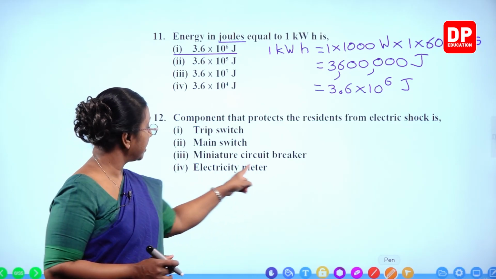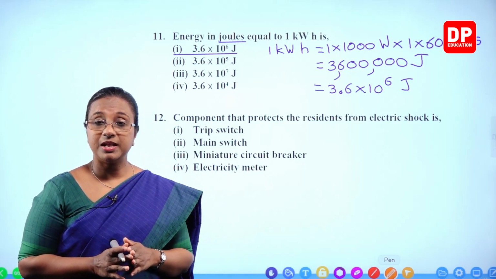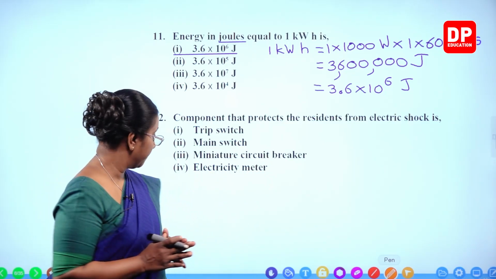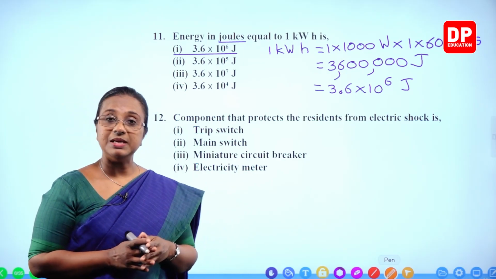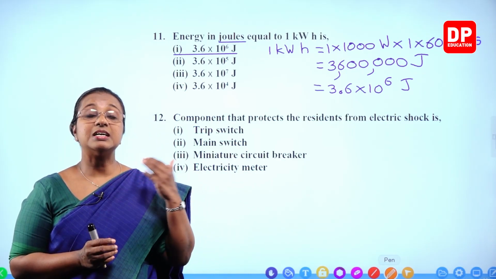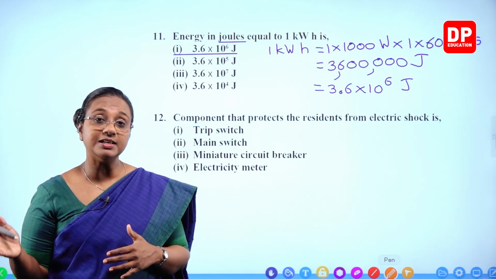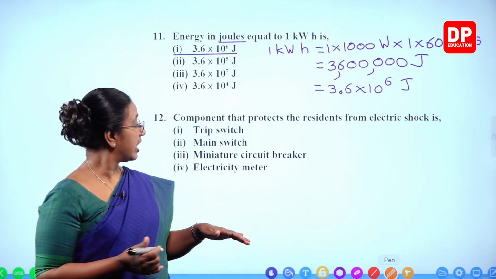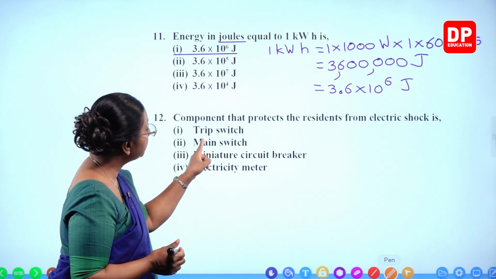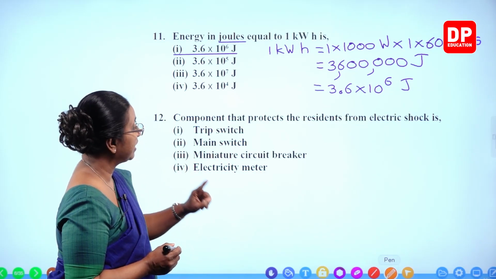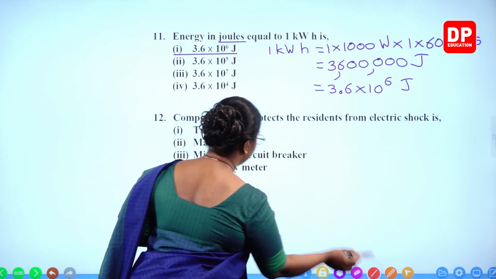So that is the function of a miniature circuit breaker or an MCB. Then you have the electricity meter. Electricity meter records the amount of electric energy that is consumed by the resident. So those are the functions. So the component that protects the residents from electric shock is the trip switch.